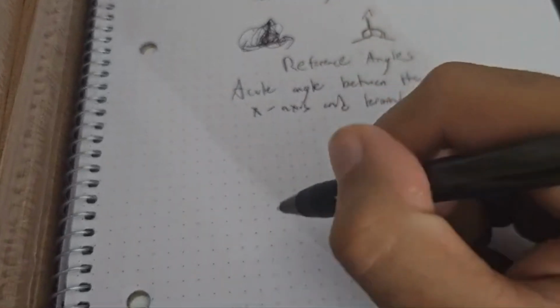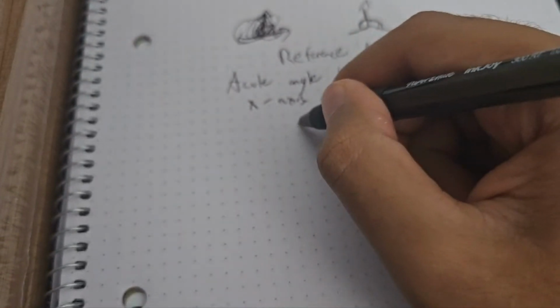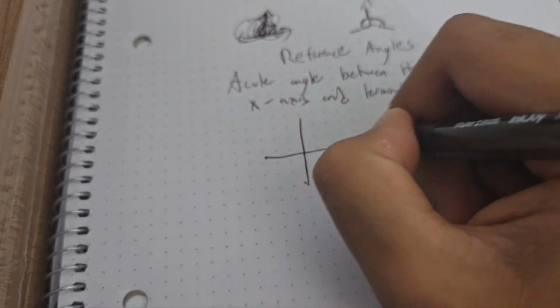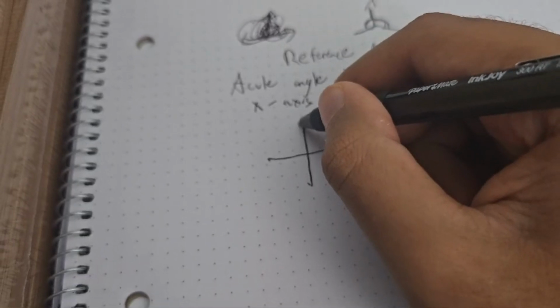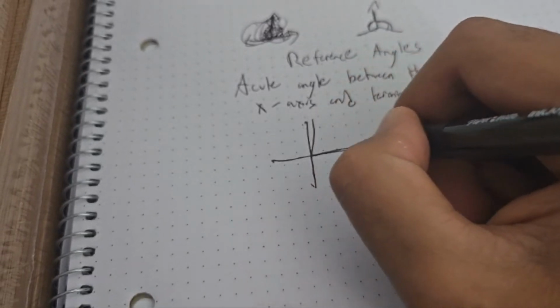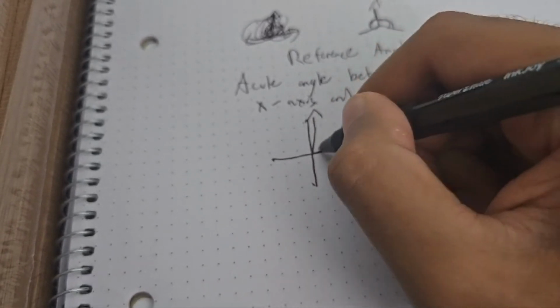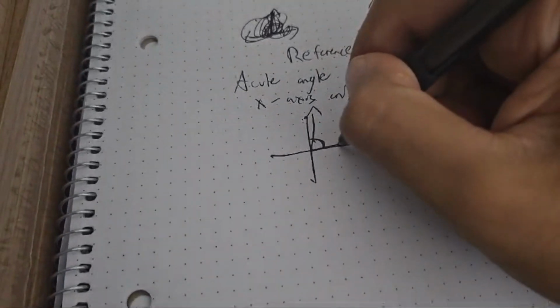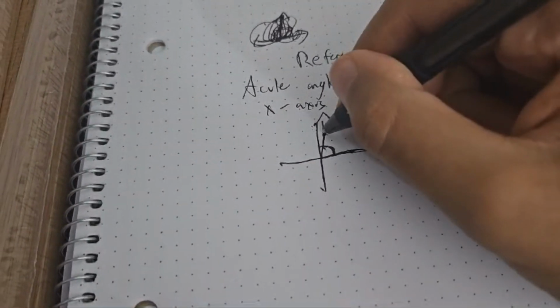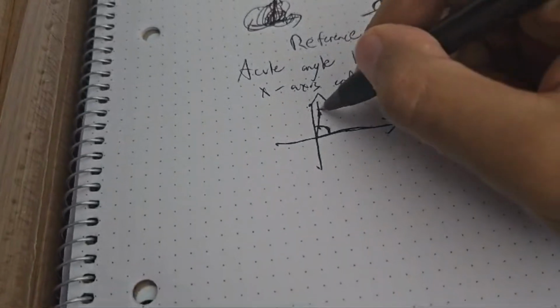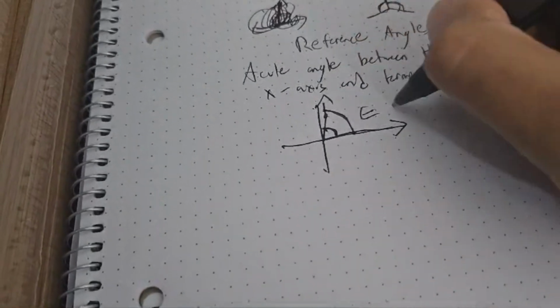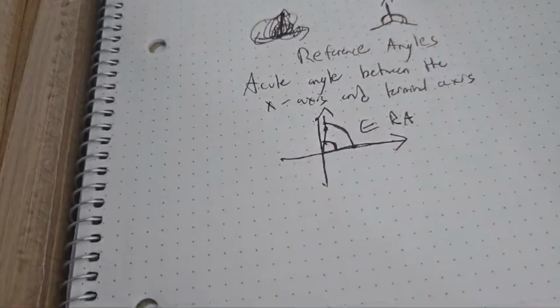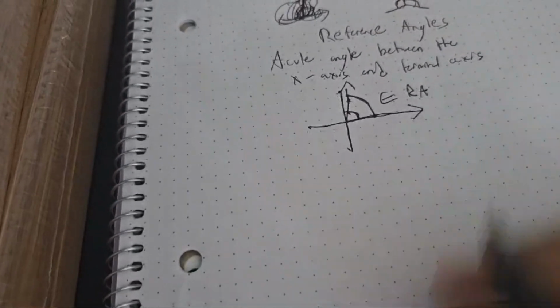Let's just say we have an angle in standard position right here, like so. This is the angle. The reference angle is just going to be between the x-axis right here and the terminal axis, which is right here. So this angle right here is just going to be the reference angle, or RA. Yeah, that's it.